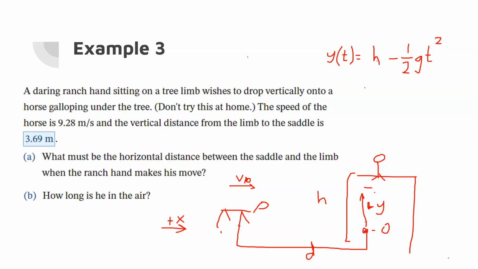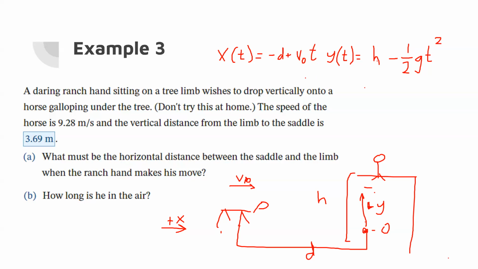And I'll write the position equation for the horse, which is he is starting at some negative distance d, since I've defined positive as going to the right, and then he's moving at a constant speed, v naught t, like that.